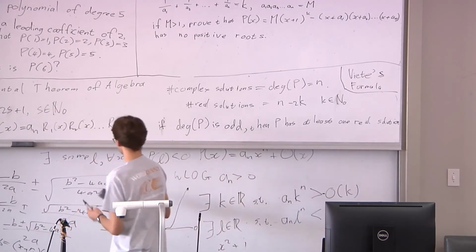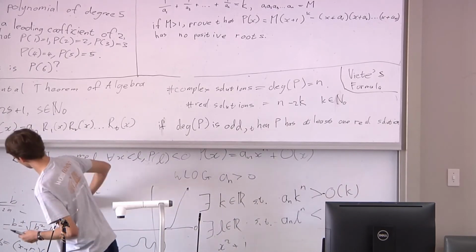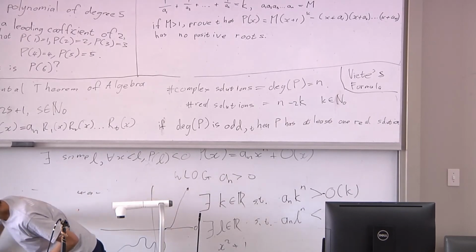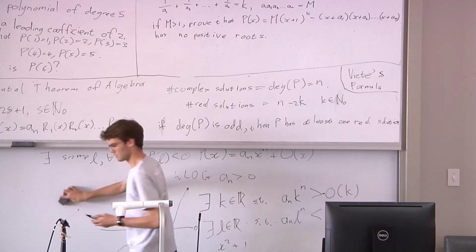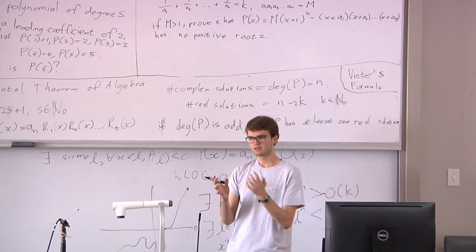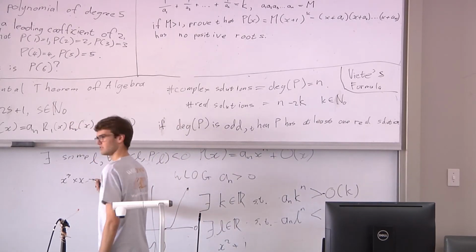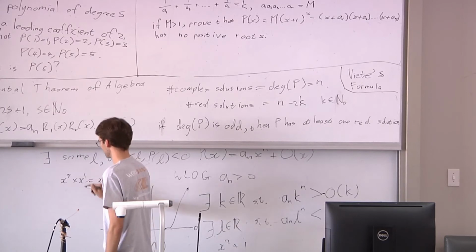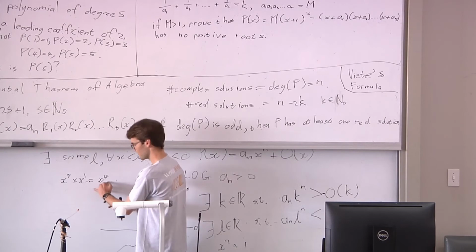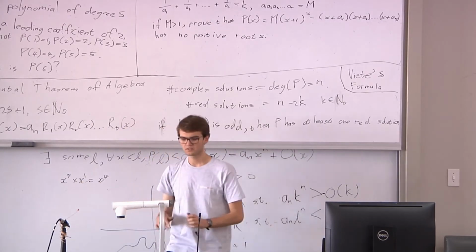Now you look at the degrees of those factors. So when you multiply polynomials, the degrees add up. So if you have x cubed times x, you get x to the 4. So the degree of the product is the sum of the degrees of those factors.